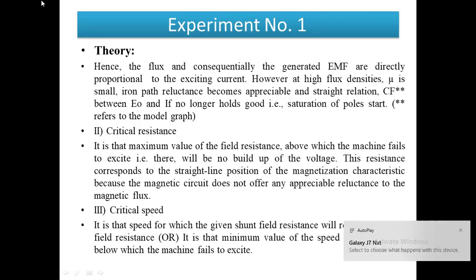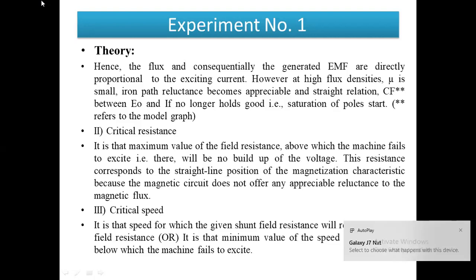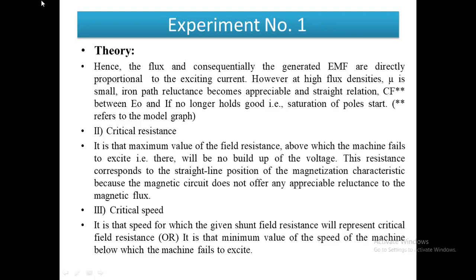This resistance corresponds to the straight-line portion of the magnetization characteristics, because the magnetic circuit does not offer any appreciable reluctance to the magnetic flux. Okay, so this one is the critical resistance, and the critical speed is the speed for which the given shunt field resistance will represent the critical field resistance.